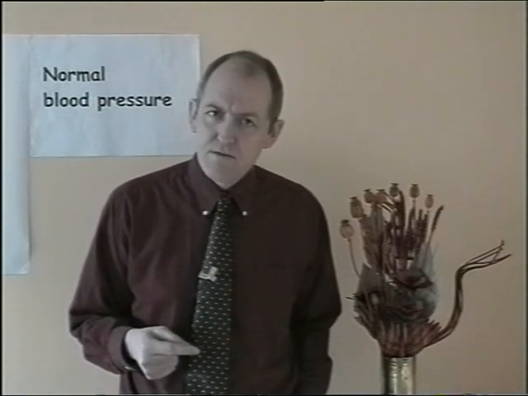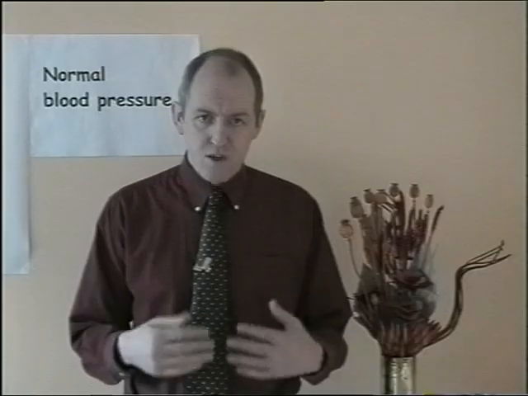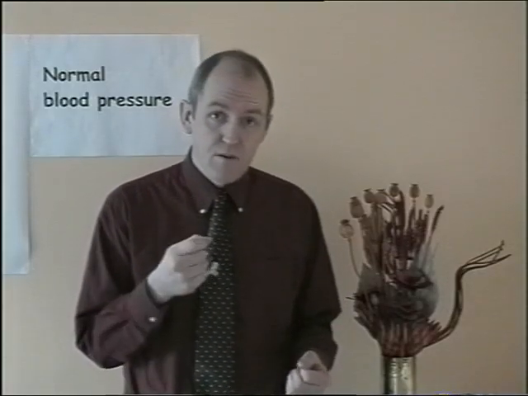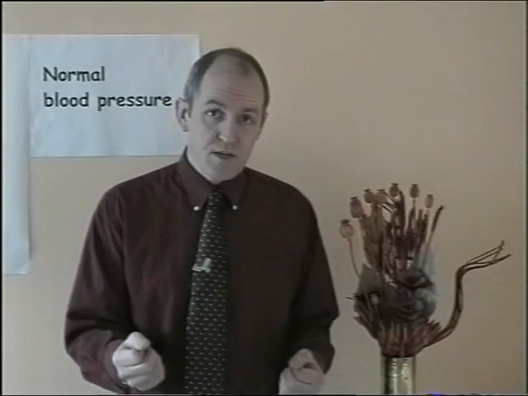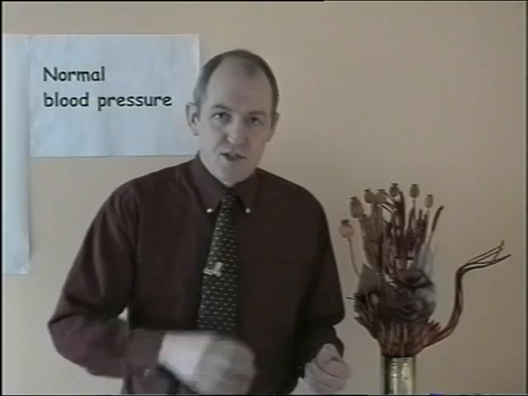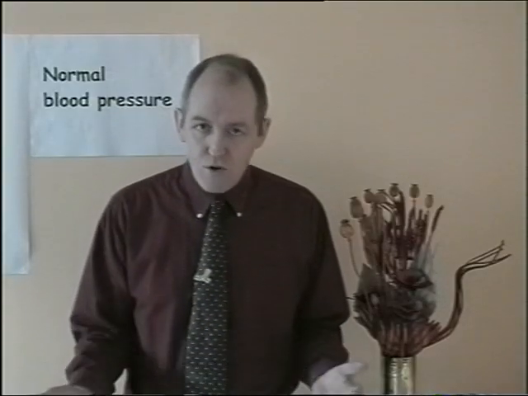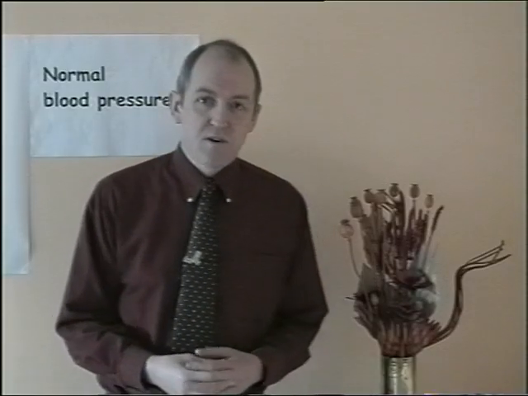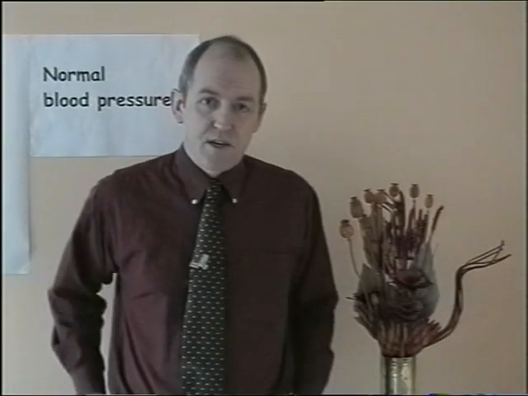It's a compensatory mechanism, because remember, it's the blood that carries the oxygen round about the body. And if there's not enough oxygen in the tissues of the body, one way to compensate for that is to have more blood going around the tissues to try and carry more oxygen to those tissues. So in the early stages of hypoxia, it's normal to get an increased heart rate and increased blood pressure.